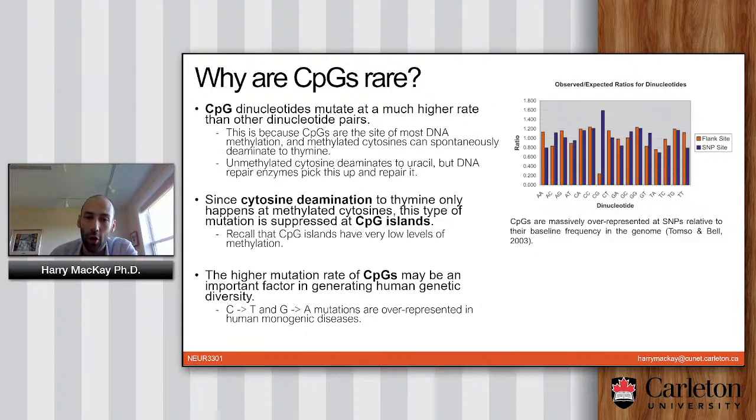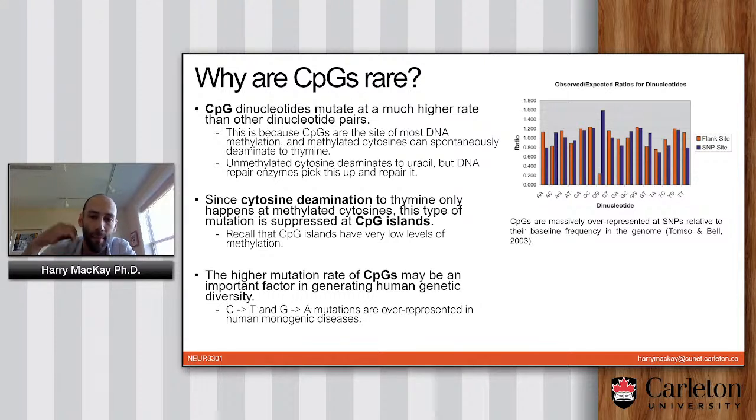Similarly, when you're looking through the genome for CGs and you see way fewer of them than you're expecting, you might guess that there's some process actually removing them from the genome, especially when you can look at other organisms, not mammals for example, and see that they have a lot more CGs than we do. Where do those all go? The answer is that CpGs mutate at a much higher rate than other dinucleotide pairs.